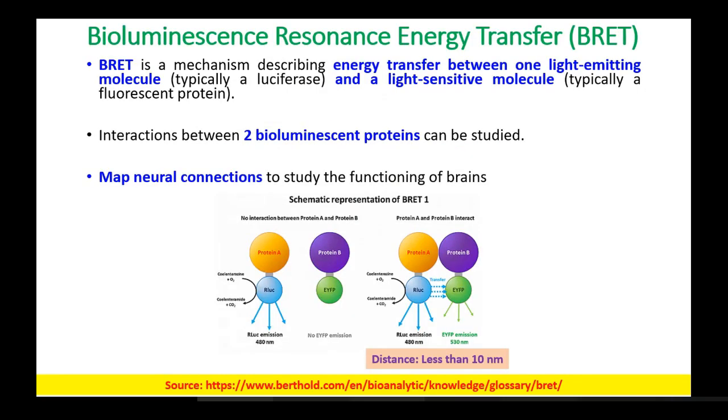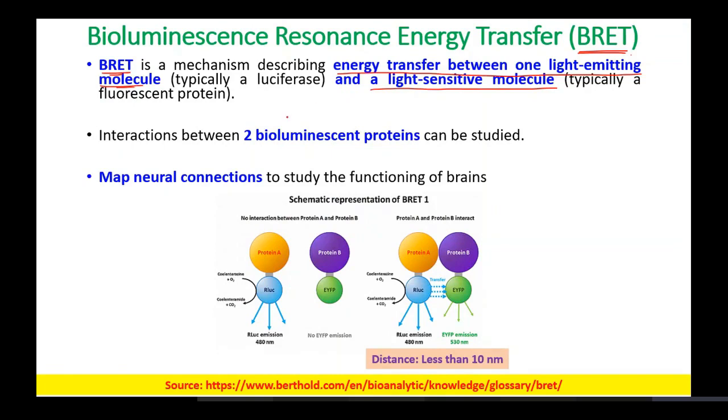Now in bioluminescence, there is an assay called the BRET assay. BRET is regarded as bioluminescence resonance energy transfer. What happens here is that in BRET, there is an energy transfer between one light emitting molecule, typically a luciferase, and a light sensitive molecule, typically a fluorescent protein.